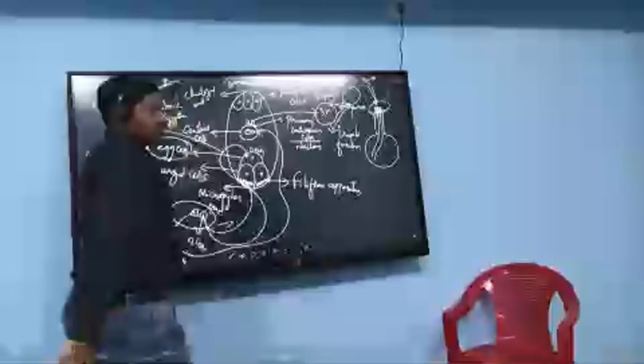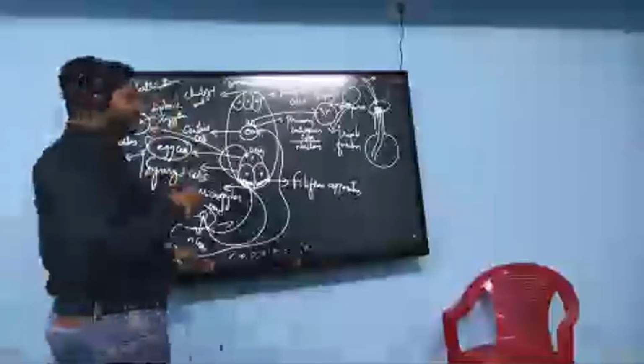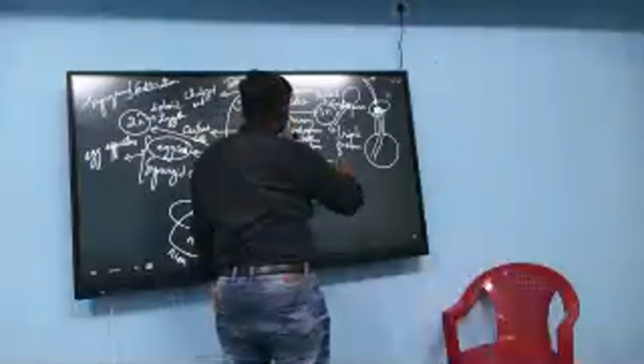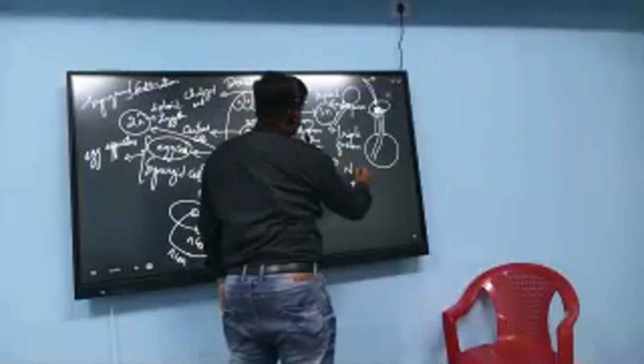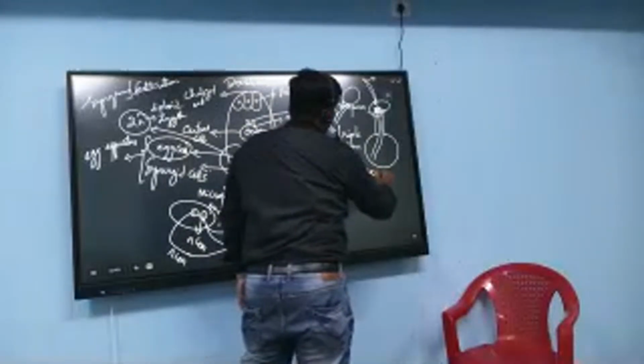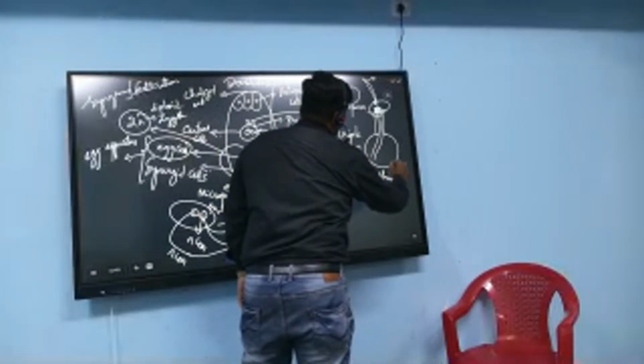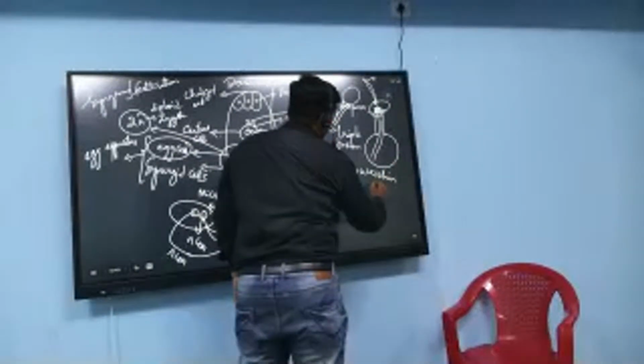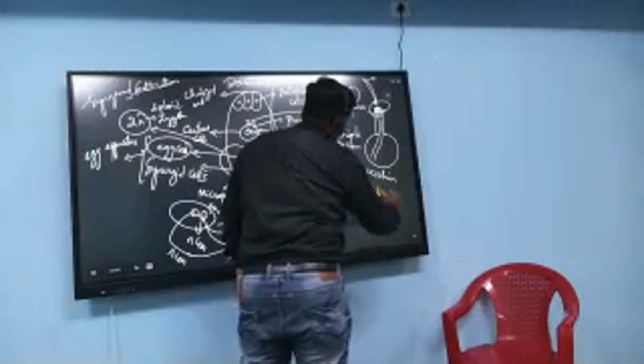This process of double fertilization was first observed by a person named Navaschin in the Lilium species.